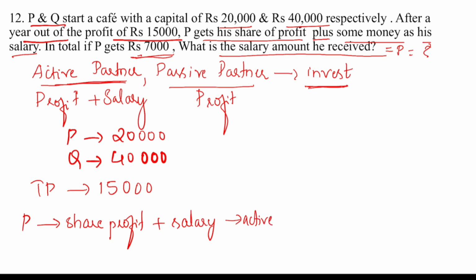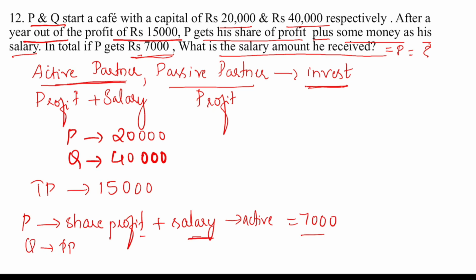Q will not get any salary, which means Q is just the passive partner. So totally P is getting 7,000 rupees, profit as well as salary together. What is the salary amount received by P, they are asking.